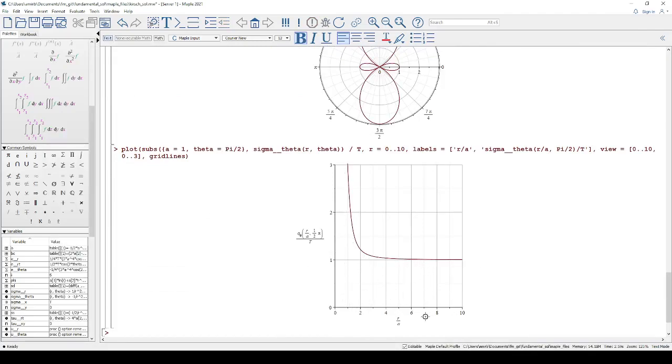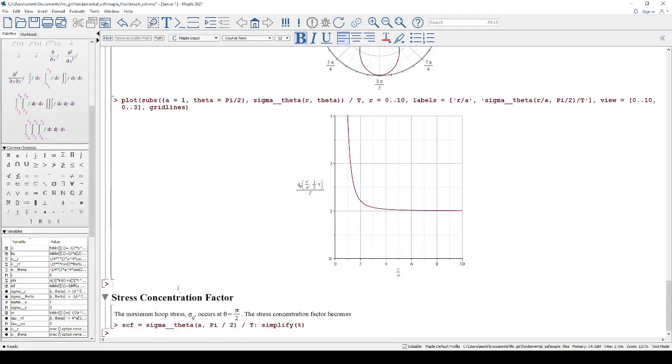Here we have r divided by a, so we normalize it, and we have the hoop stress at half pi normalized by the far field stress. You will see that it goes to 3. It goes to infinity in fact, but here it goes to 3. So we have a singular kind of behavior, not solution, because this is not singular, but this is like a singular kind of behavior here.